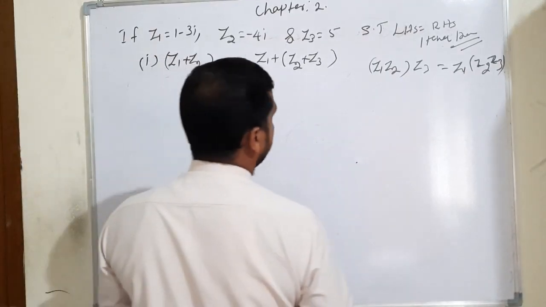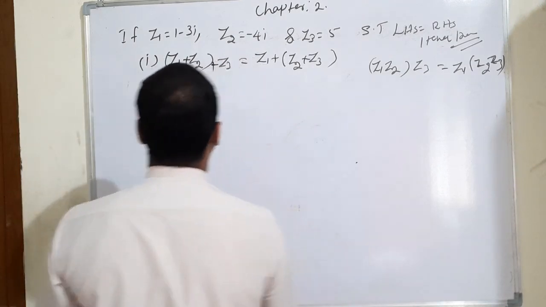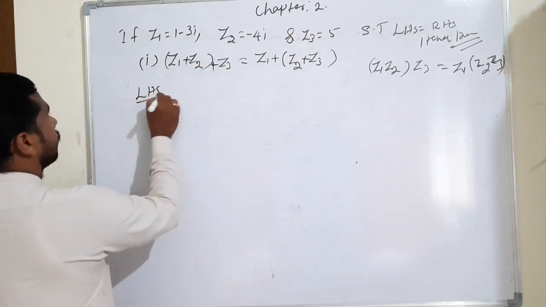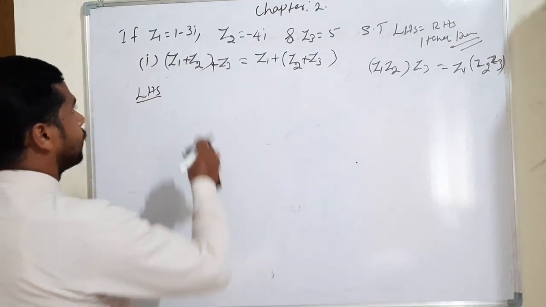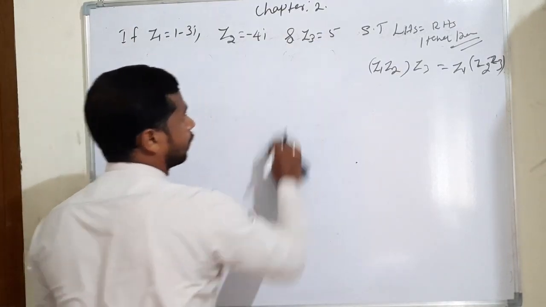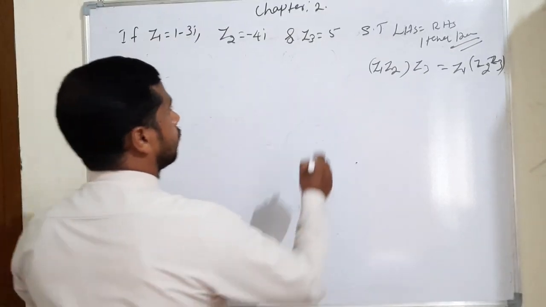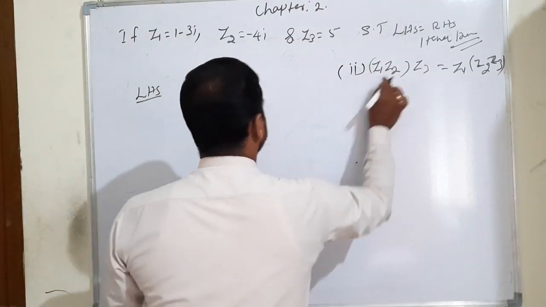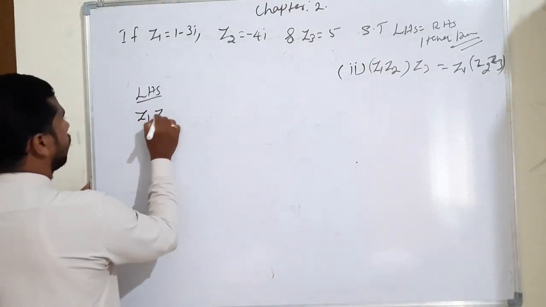Moving to LHS. What is the term in LHS? z1 into z2. This is subdivision 2. So z1 into z2.